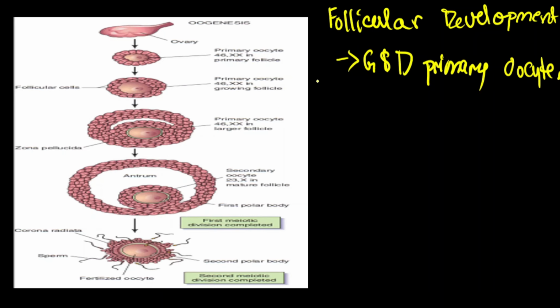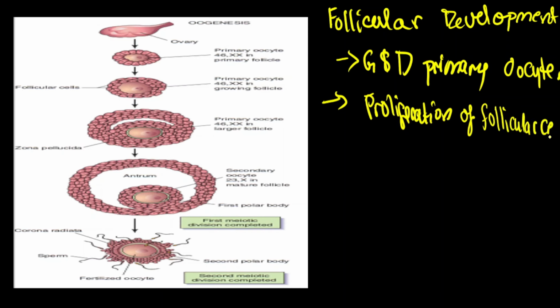Next is the growth and proliferation of the follicular cells. Okay, so we have proliferation, which basically just has to do with increase, proliferation of follicular cells.